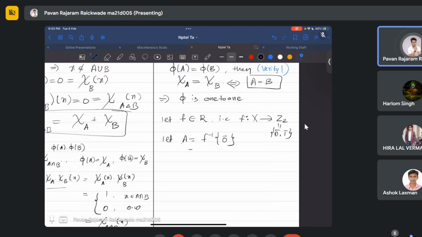This is the set of all points x belonging to capital X such that f(x) is 0 bar, which maps to 0. And you map B as f inverse of 1 bar, which is the set of all x such that f(x) is 1.